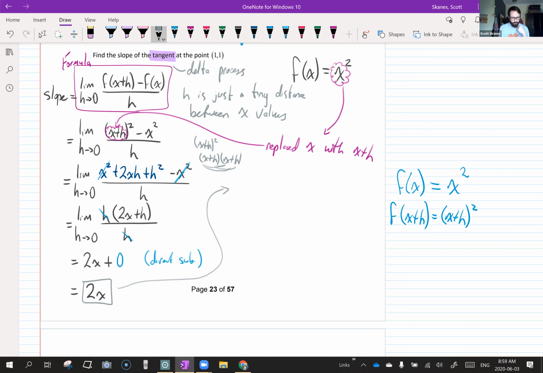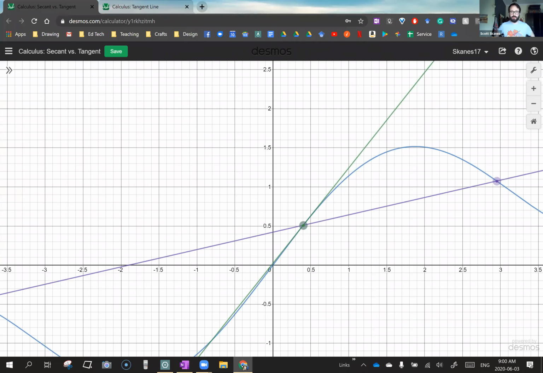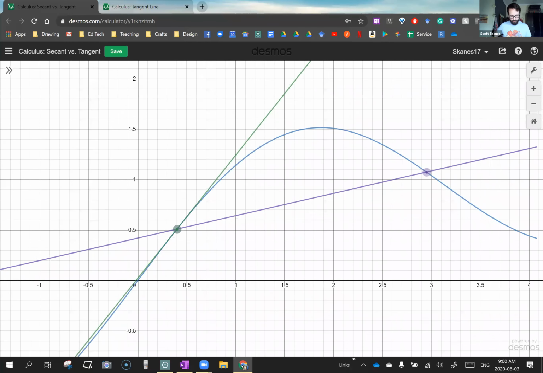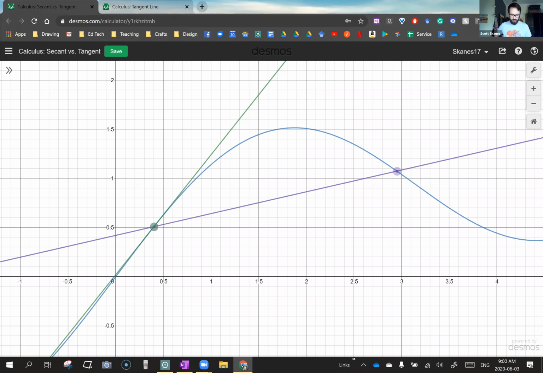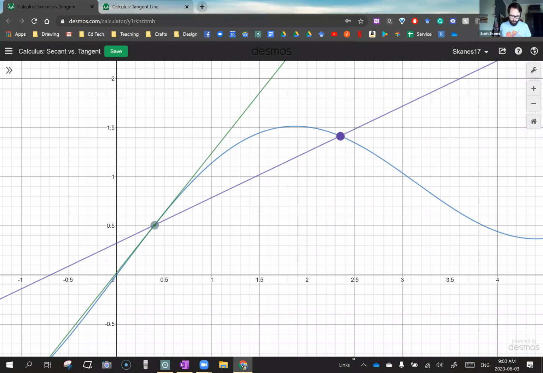Yeah. So let me try to give you just the basics. I want to recap it really quick. All you really need to know, okay, look at this green line. You can put it anywhere, but just look at the green line. That's the tangent line. We want to get as close to that as possible using the secant line. So we take 2 points and we put 2 points that are really close to it and we'll be able to approximate it.